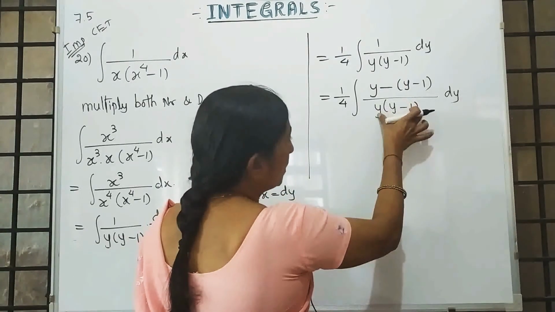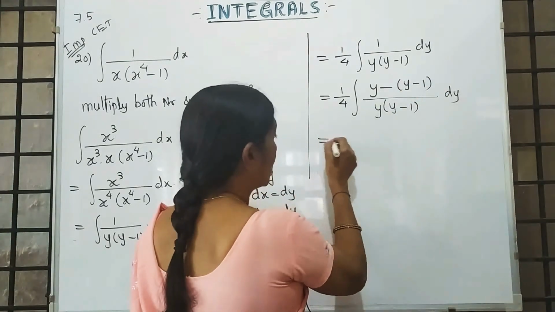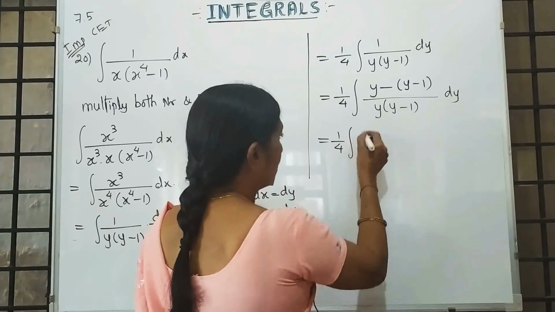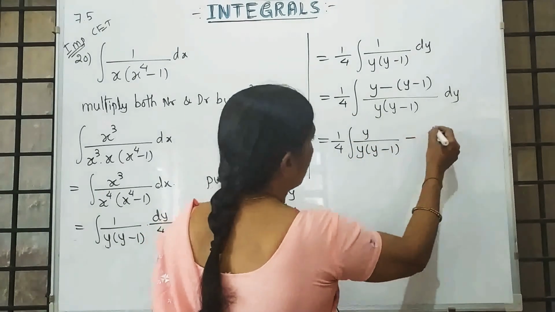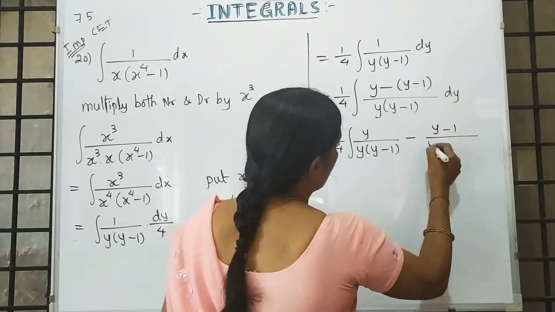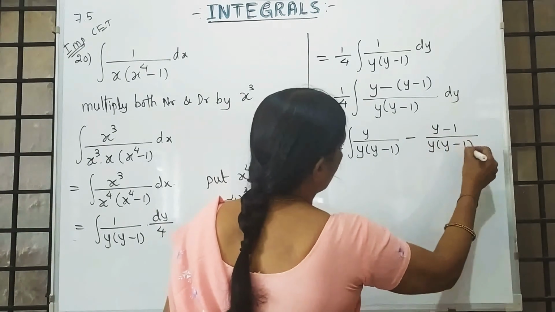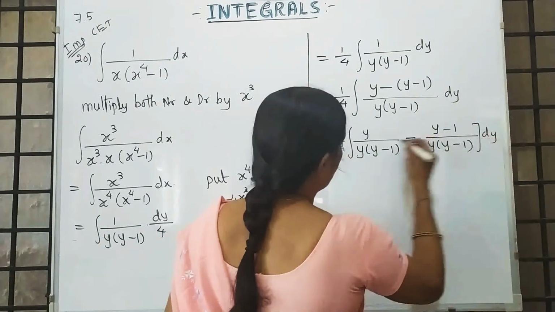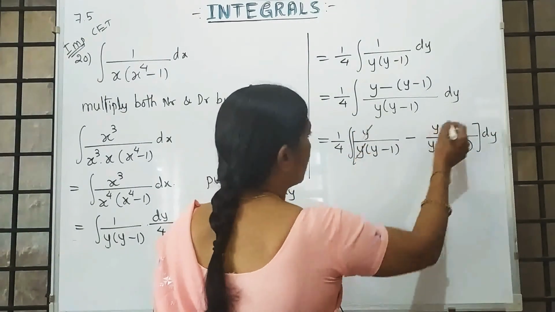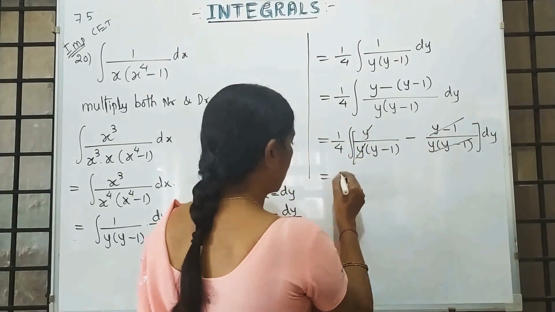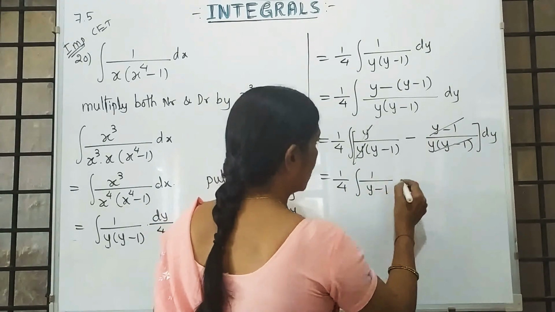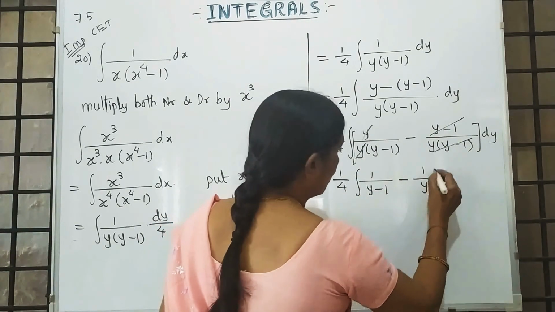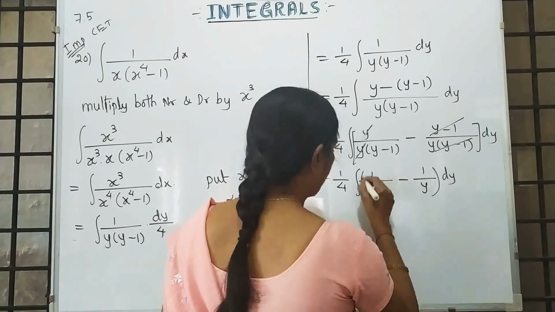Now y upon this term y minus 1, separating the denominator: y upon y into y minus 1 minus y minus 1 upon y into y minus 1. Here y gets cancelled, here y minus 1 gets cancelled. 1 upon 4, 1 upon y minus 1 minus 1 upon y into dy.